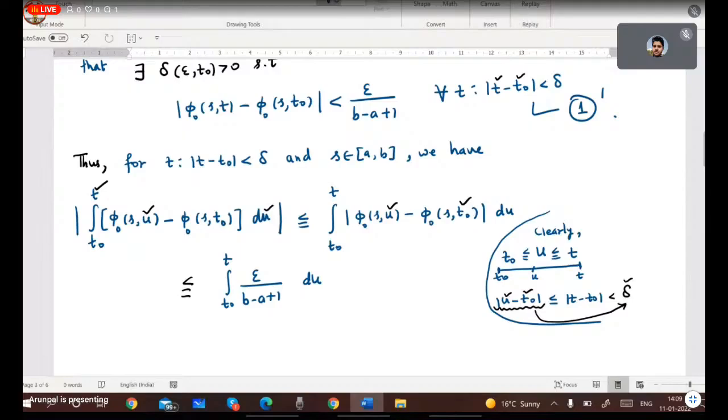And this is further simply epsilon upon b minus a plus 1 times modulus of t minus t naught. Actually, you will get t minus t naught, but because t is bigger than t naught, I have put the modulus. That hardly matters. So class, let me call it number 2.